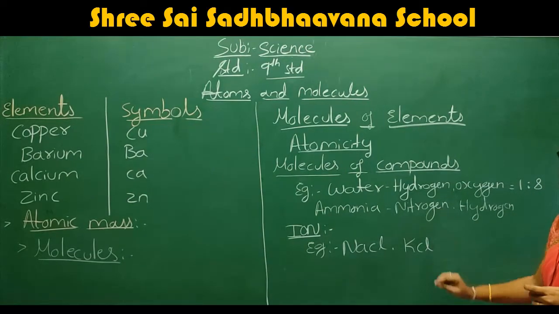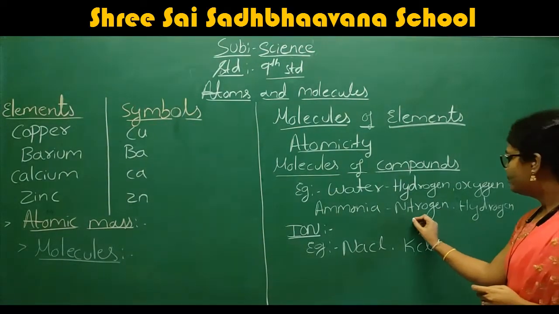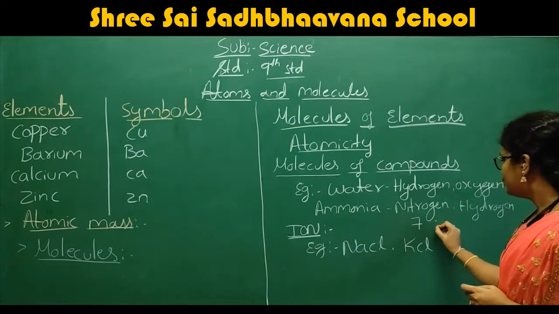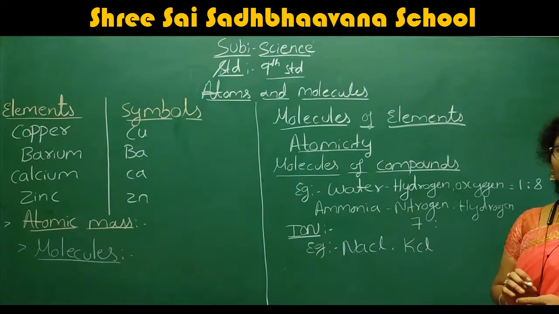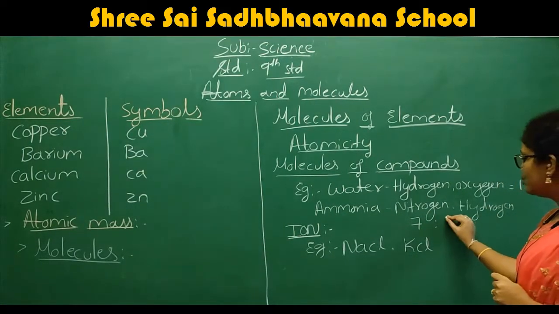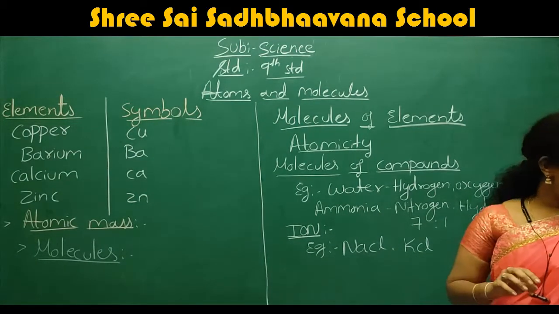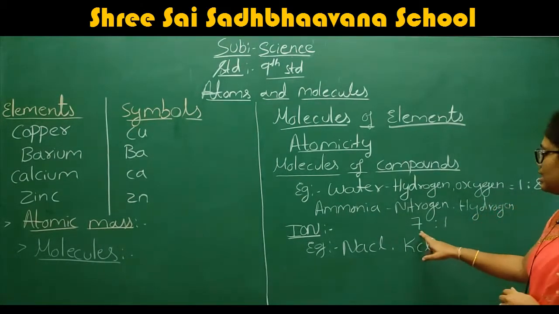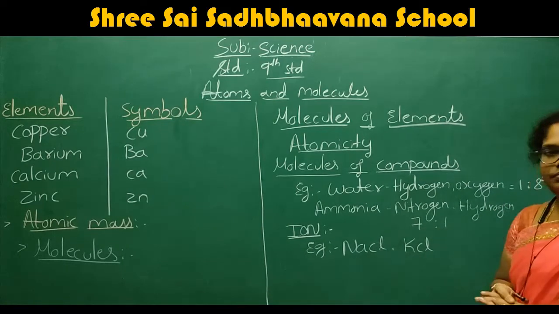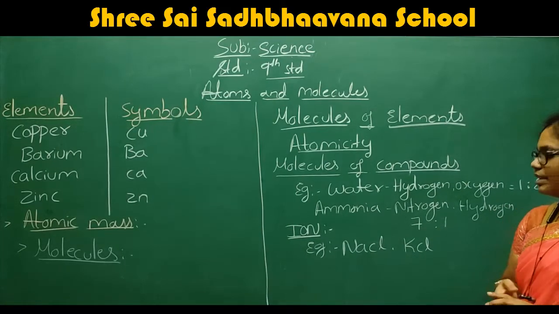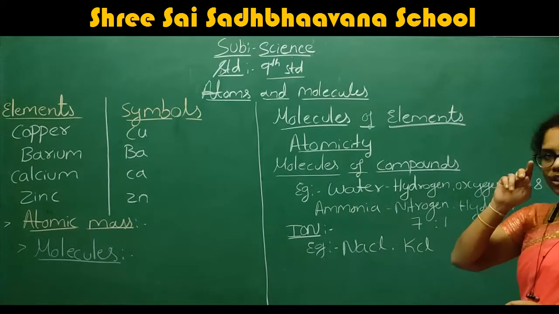What is the atomic number of nitrogen? 7. And of hydrogen? 1. Therefore, the ratio for the compound is 7:1. 7:1 is the ratio of ammonia.